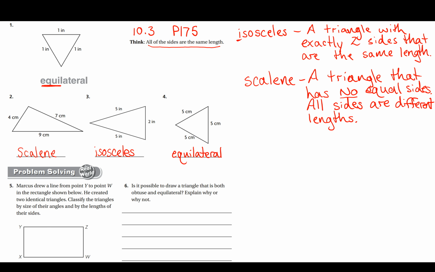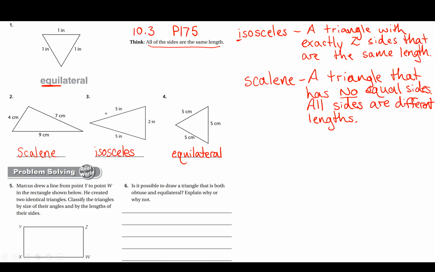All right, going on down to number 5 and 6. Marcus drew a line from point Y to point W in the rectangle shown below. So we know it's a rectangle, so we know this side is going to be equivalent to this side, and this side is going to be equivalent to this side.